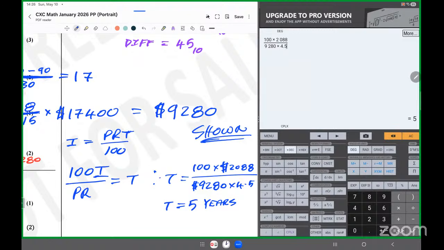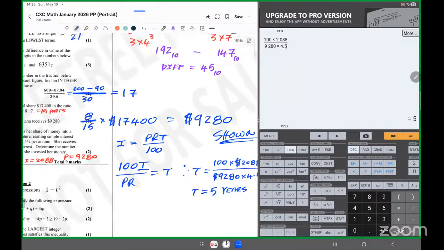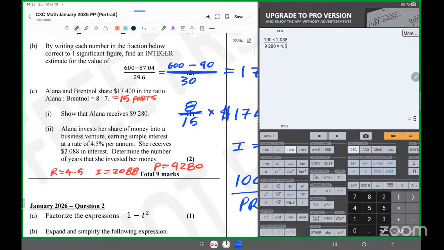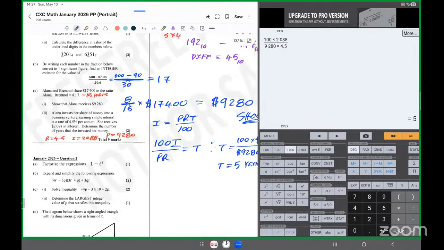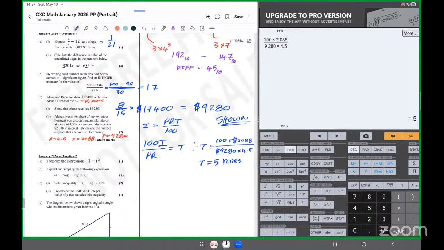It's time in years. They said how many years? Number of years. So the number is 5. Remember, put the year. Number of years is 5. All right, that's it. Very good. So we'll finish that question.